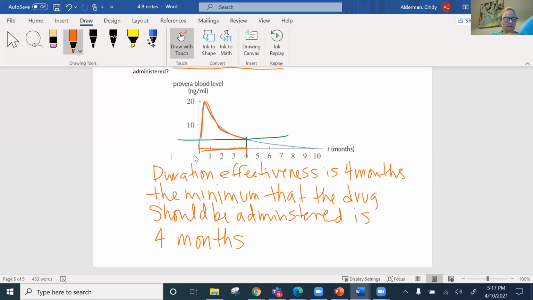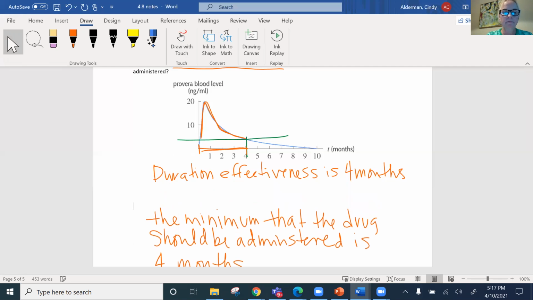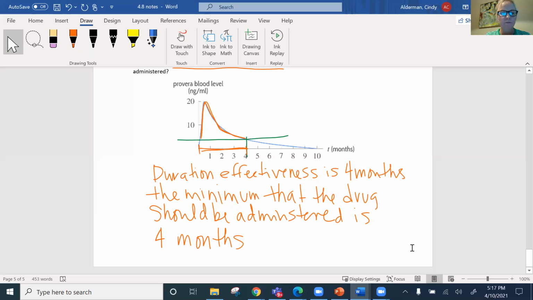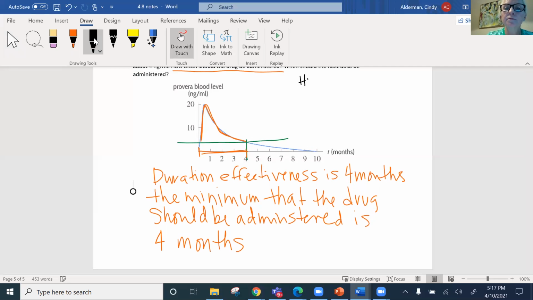So the graph, this is number 4.8, number 1, looks something like this, where this is the minimum level.